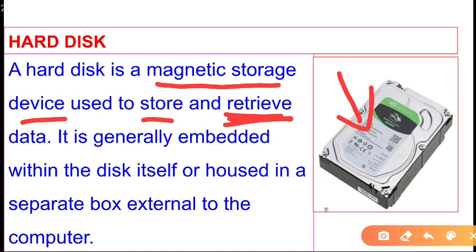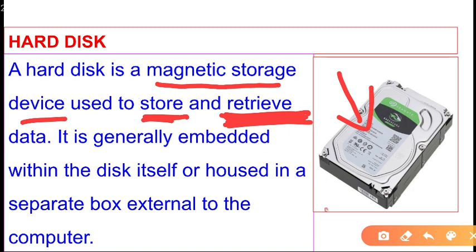If you store something somewhere, why do you store it? So that later on you can use it or get it from where you have stored it. Yes or no? So if you store data on your hard disk, you can later get or access that data or use that data. This is called retrieving the data.